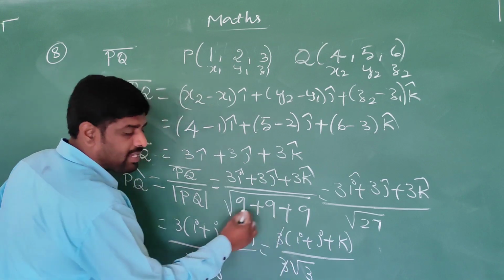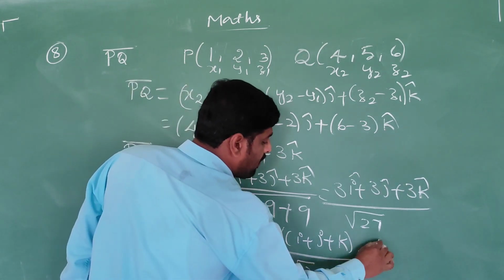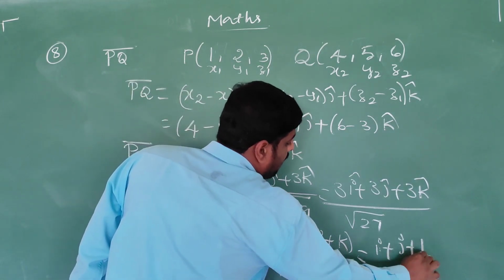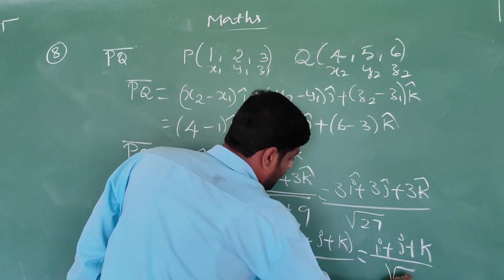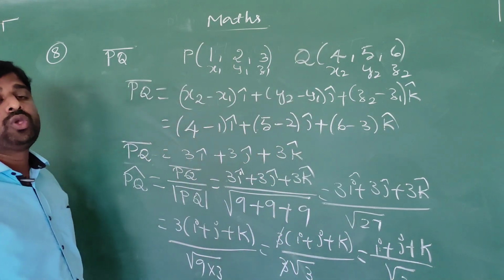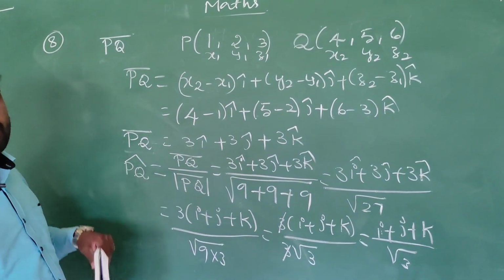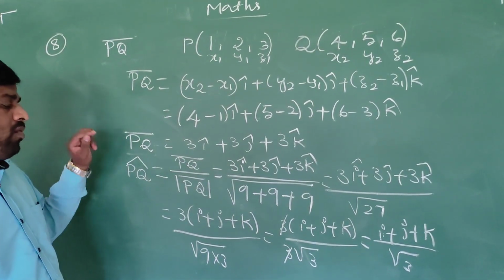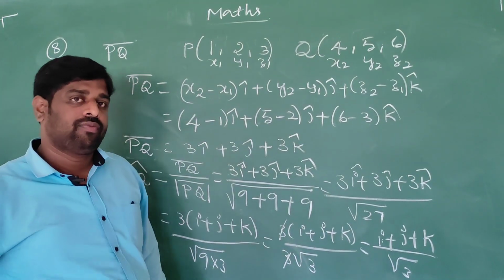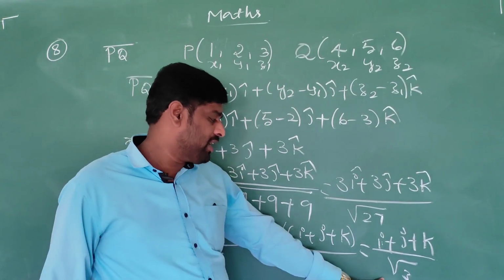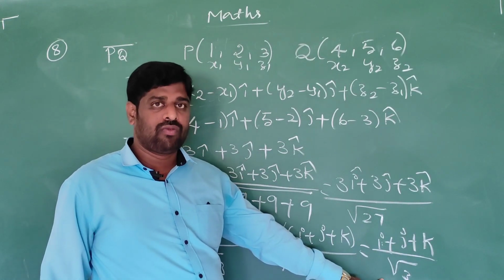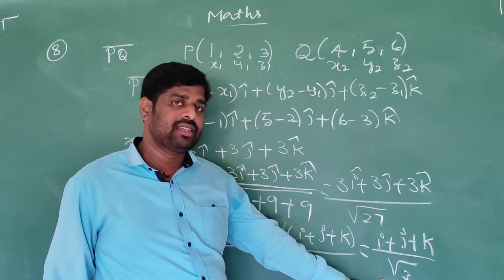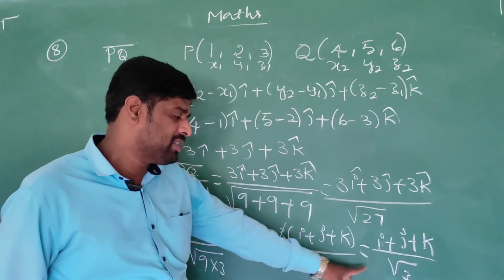So 3 gets cancelled, that is i plus j plus k divided by root 3. So this is the unit vector for PQ bar. Always we can expect the answer in simple form, that's why I wrote it in simple form.